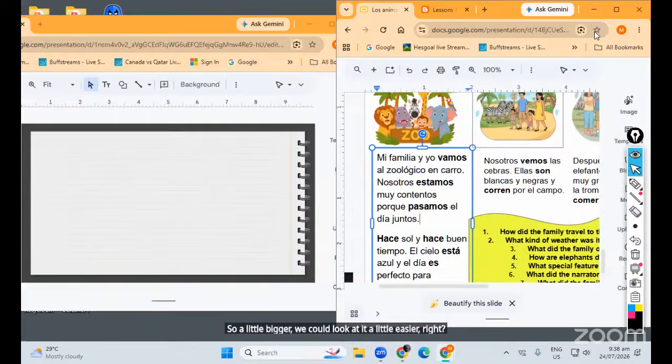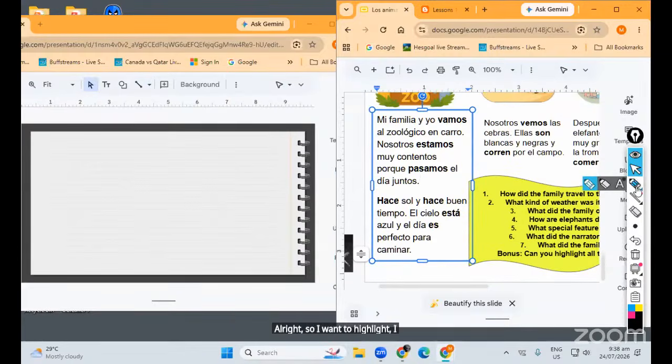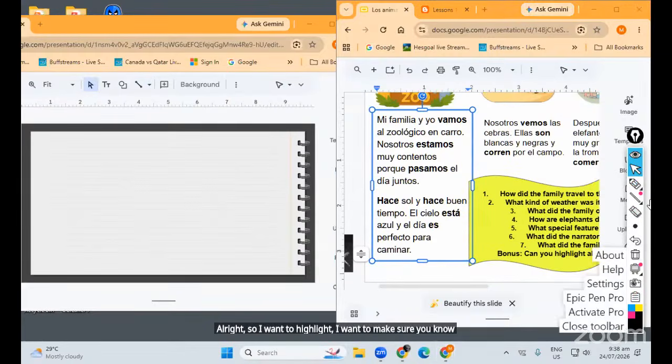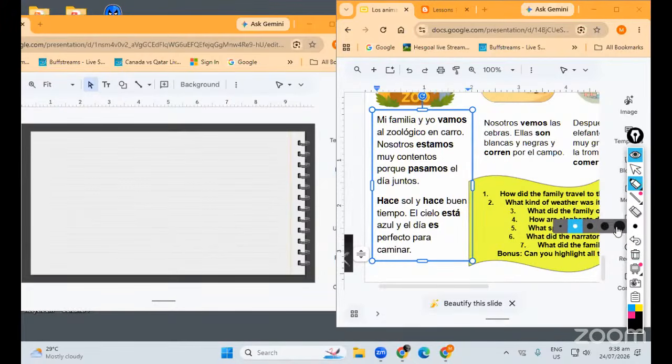All right. So I want to highlight, I want to make sure you know how we say zoo, right? How we say by car, how we say to spend the day together.